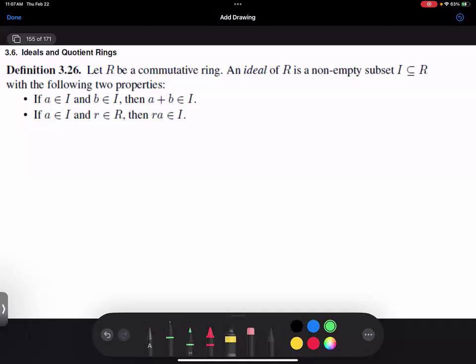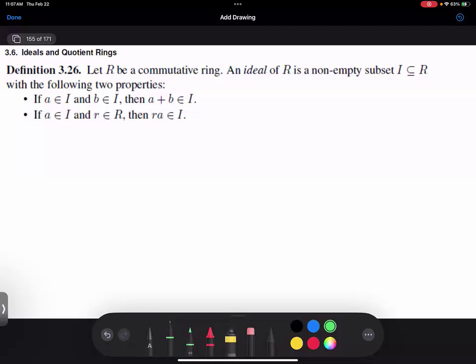So can you give me a good choice for r? We know that no matter what A we take, and no matter what r we take, if A is in the ideal and r is in R, then rA is in the ideal. What would be an interesting choice to take for r? Nope.